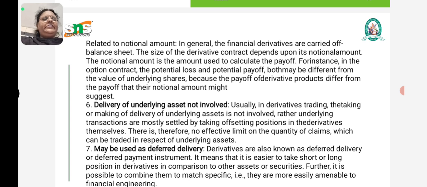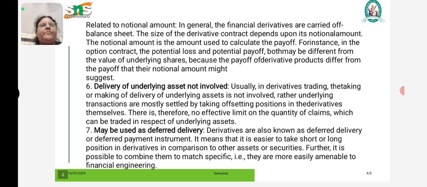Delivering of underlying asset not involved. Usually in derivative trading, the taking or making of delivery of underlying asset is not involved. Rather, underlying transactions are settled by taking offsetting positions in the derivative themselves. There is therefore no effective limit on the quantity of claim which can be traded in respect of underlying asset.